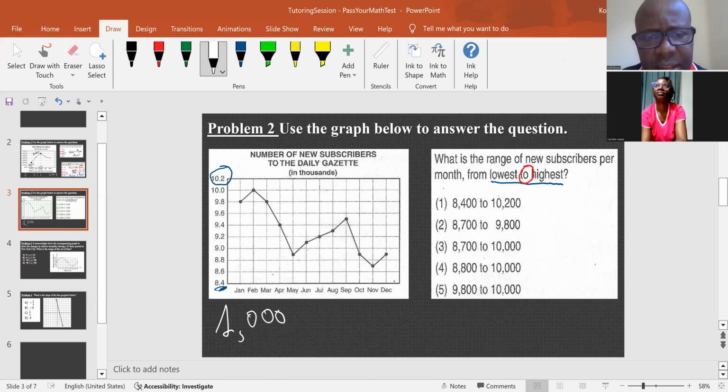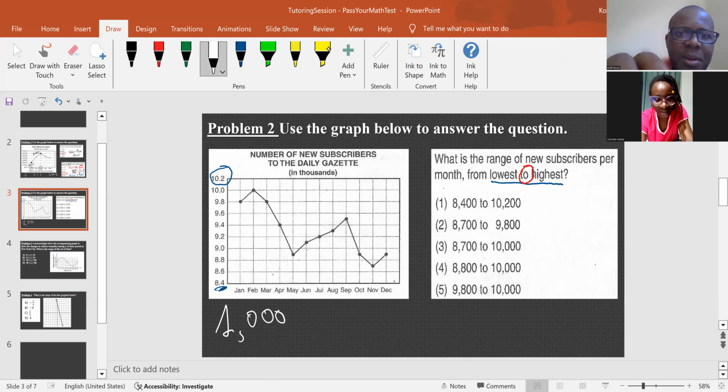But so far, when you see the graph, what do you think is going to be the lowest number of new subscribers here? How can we recognize lower? The lowest is the smallest. Yes, the smallest. And can we find this smallest number of new subscribers on the graph? The smallest is from November.